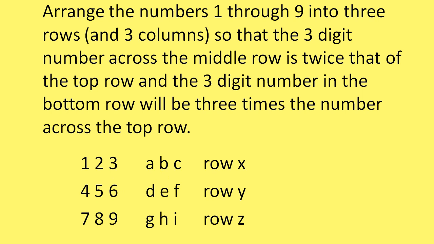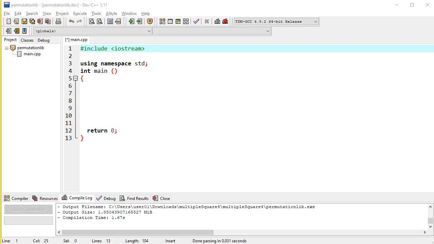So we're going to do it a little bit different way, hopefully a more efficient way, by using permutations. There are several permutation algorithms we can use. What we're going to do today is use a built-in library. Remember, the pound include for iostream is where we get cout. So I'm going to put a comment statement up here.